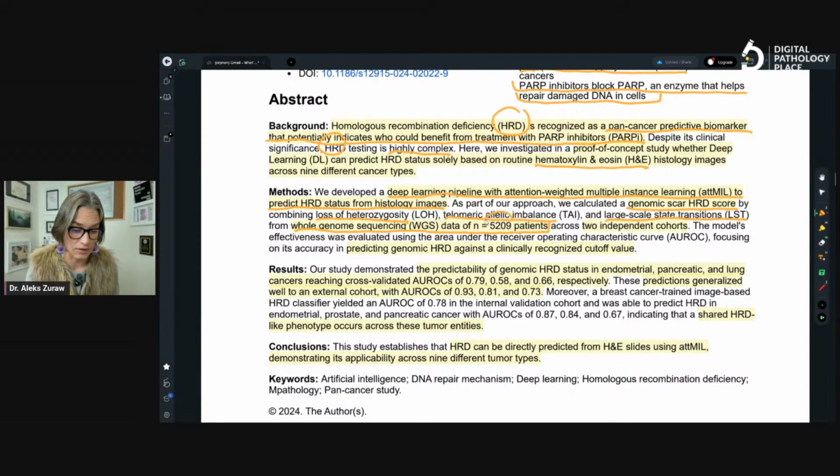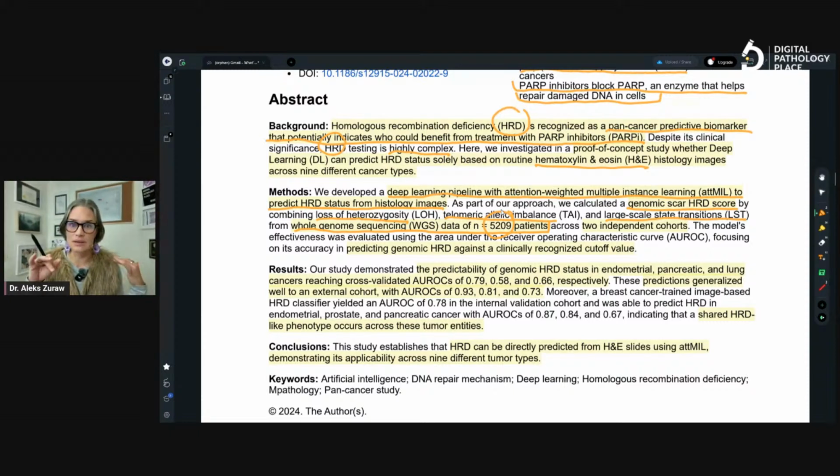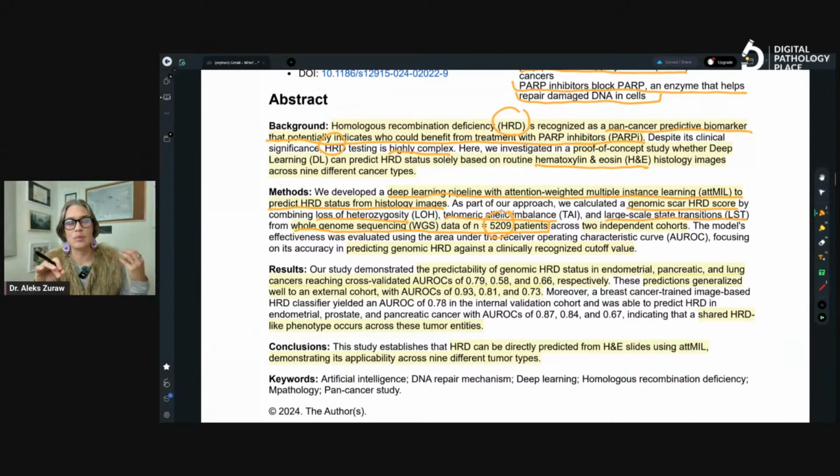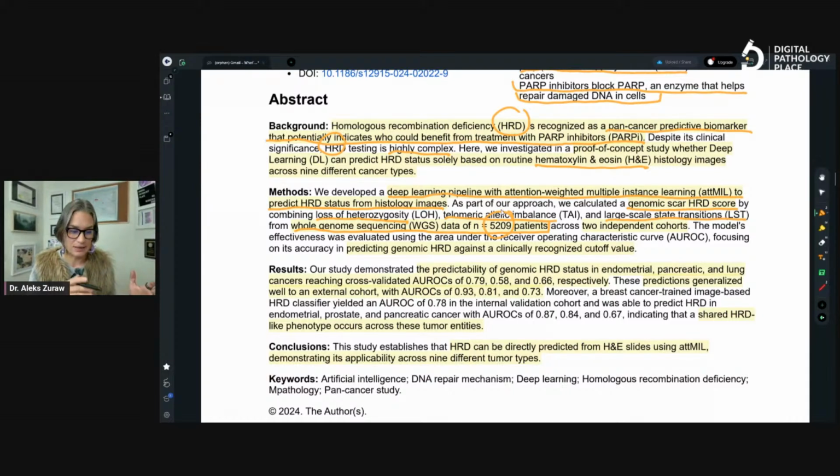They had data for a lot of patients, 5,209 patients. So you get the genome sequencing, and then you take different data points from the sequencing to calculate a score, and this score has a value, and it's either below, then it's negative, and above, it's positive.